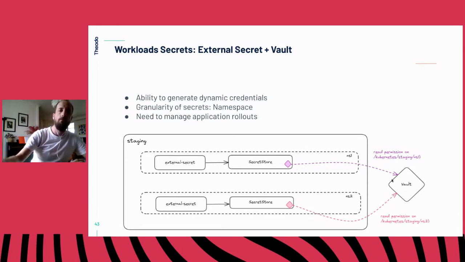If you do some rotation in Vault, External Secrets will detect it, and it will reload the secret object in Kubernetes. But you will have to roll out your application yourself, so they take into account that the secret has changed. Otherwise, it will just keep using the old secrets, and it won't work anymore. So this is a nice and easy setup.